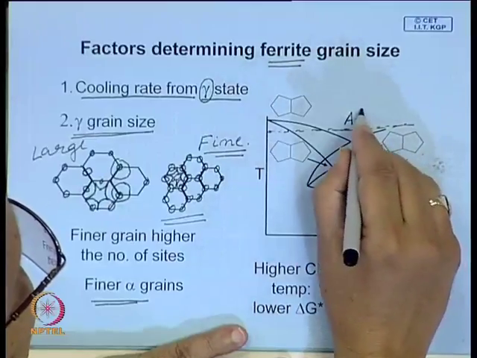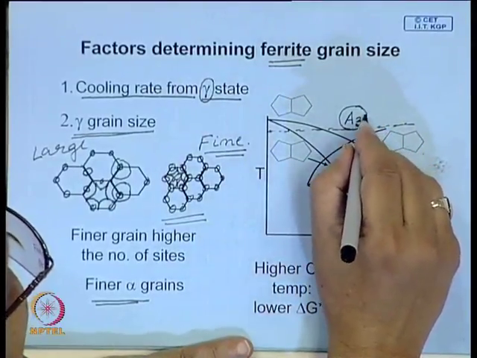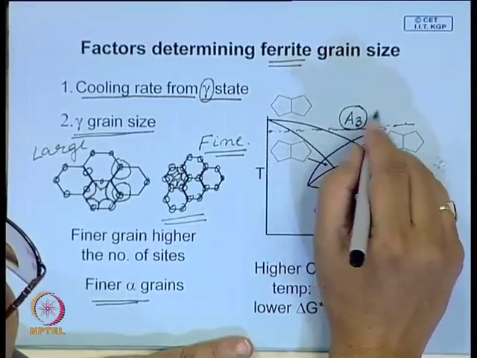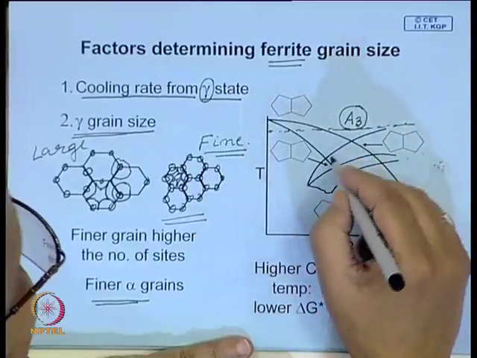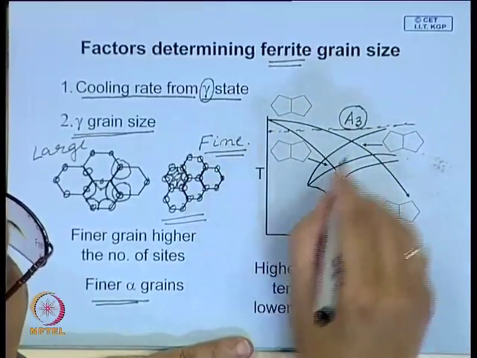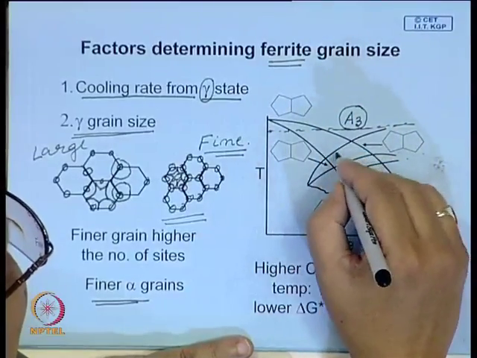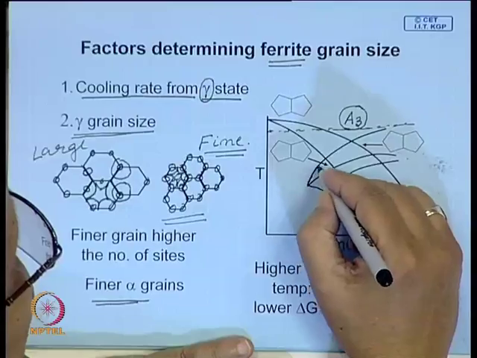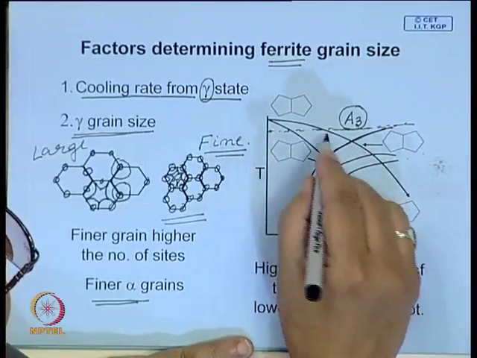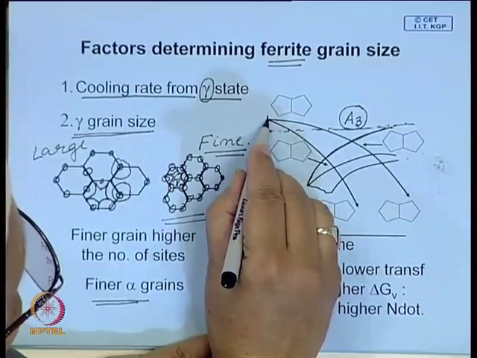So, this is the equilibrium temperature at which the ferrite nucleus is likely to appear. But in reality, we have seen in the time temperature plot, this is the CCT diagram. We have only plotted that upper relevant portion of the CCT diagram, and this is the line which represents initiation of ferrite precipitation.